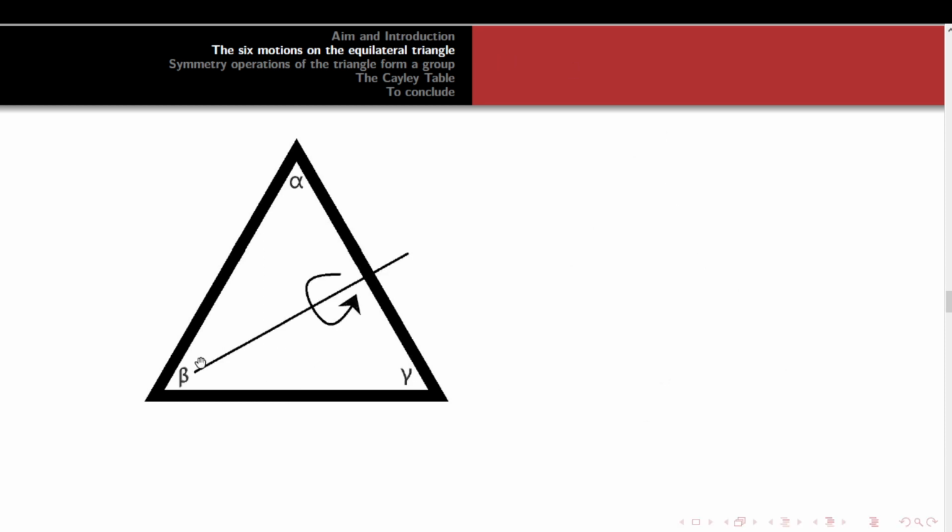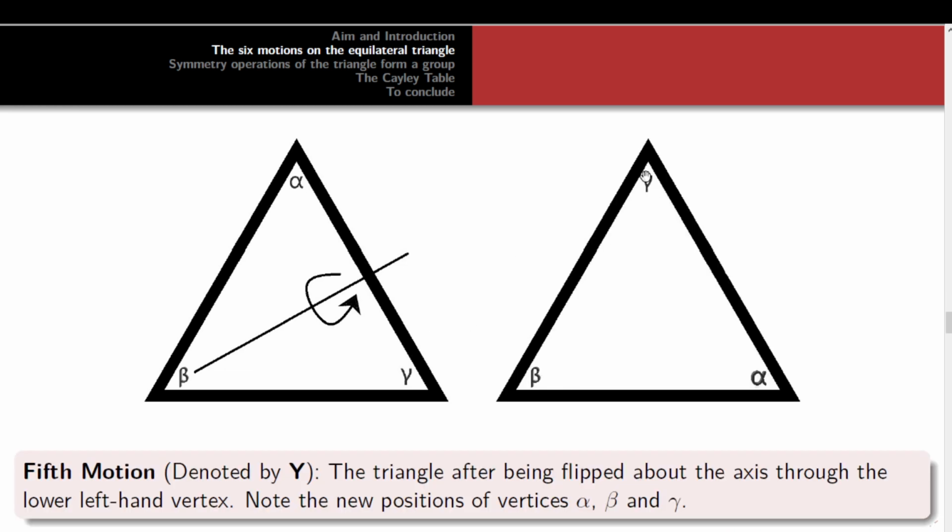So here what you're going to do is you're going to drop a perpendicular from the bottom left vertex beta to the opposite side, and you're going to use it as an axis, and you're going to flip the equilateral triangle about that axis, and you know that beta is going to remain as such, and alpha and gamma will be flipped about the axis. So what you get is the triangle sitting here. So you have the beta to remain as such, and alpha is changed to gamma, and gamma is changed to alpha. And that is actually the fifth motion, and it is denoted by capital Y.